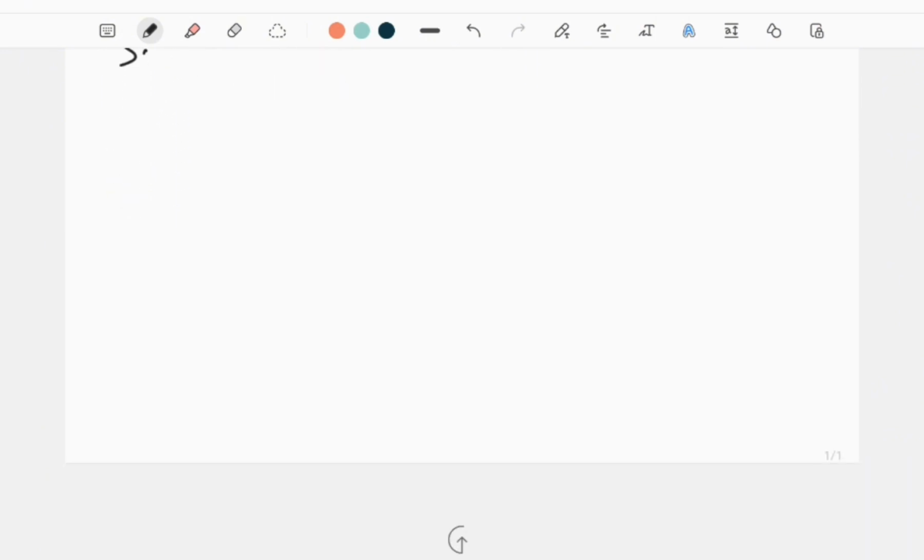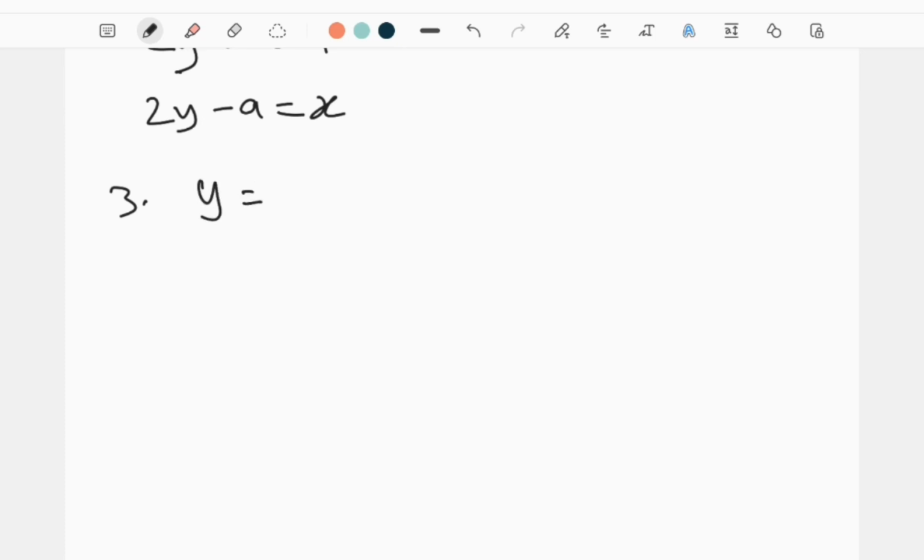Number 3, let's try another few questions. y equals 2a minus x.